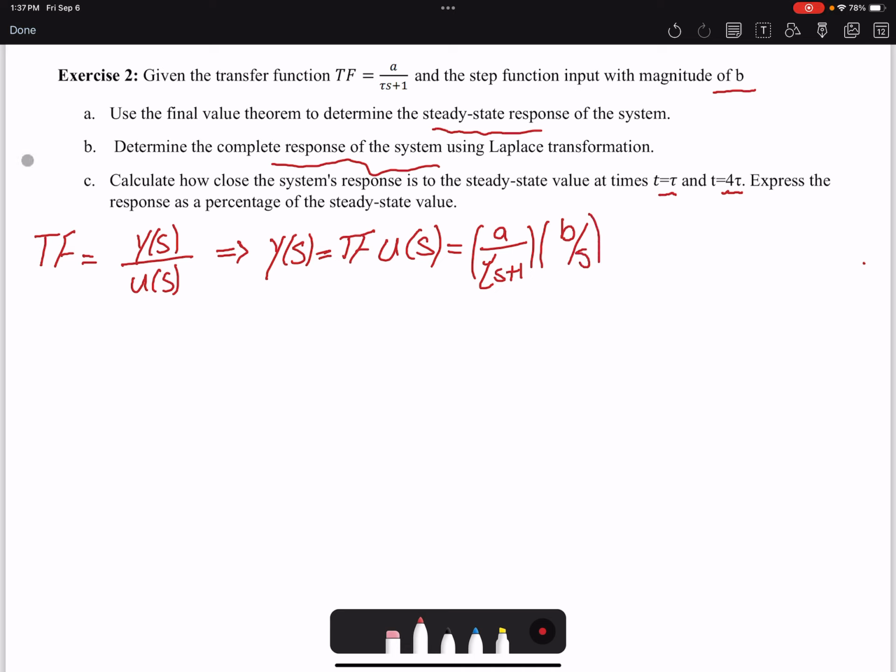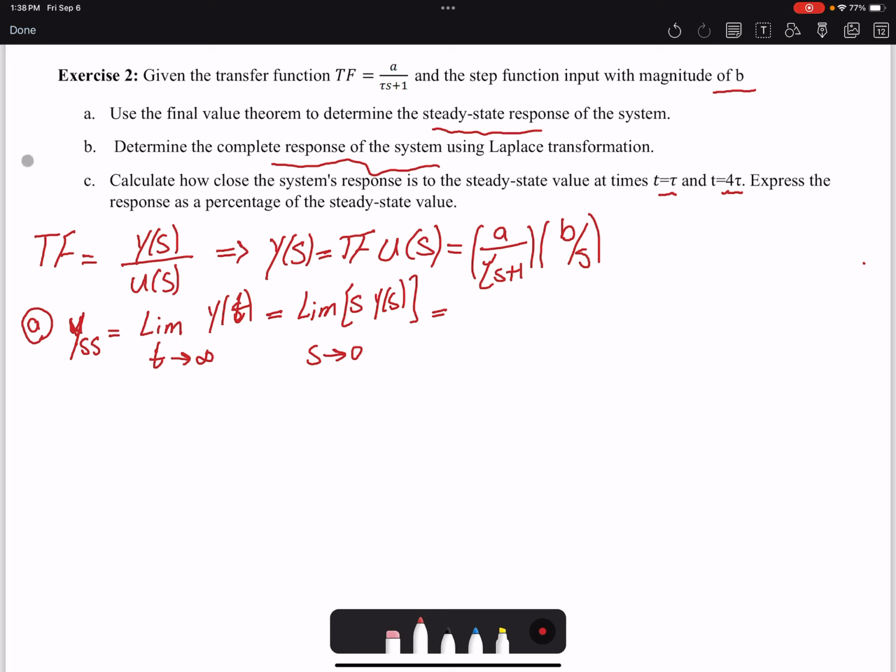If I want to solve part A, to find the steady state response, y_ss, or in other words, the limit of y(t) when t goes to infinity, would be equal to the limit of s Y(s) as s goes to 0.